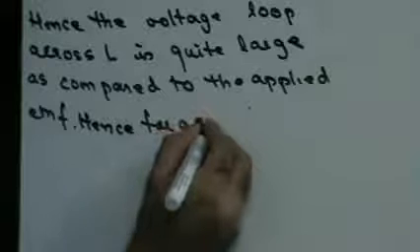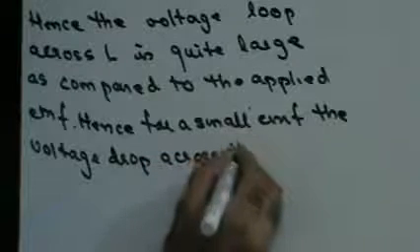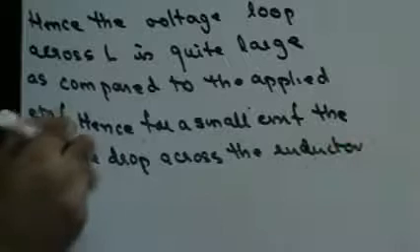Hence, for a small EMF, the potential difference across the inductor is appreciably high. Although I have applied only a small EMF, the voltage drop across the inductor is very high. I can say hence, for a small EMF, the voltage drop across the inductor is appreciably high.